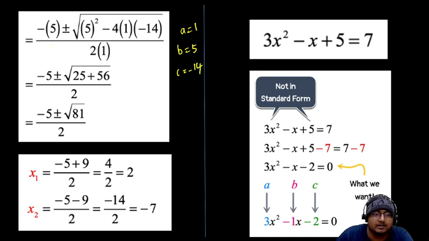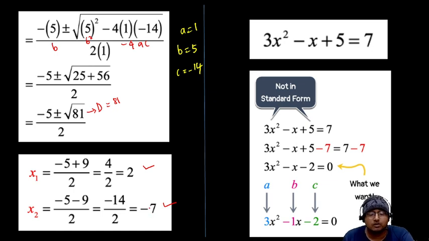Minus b plus or minus root of b square minus 4ac, because a is 1, c is minus 14. So we get minus 5 plus or minus root of 25 plus 56, which is 81. We already found this as d, the discriminant value. So d is equal to 81. Simply substituting d, we get x equal to 2 and x equal to minus 7. Hence what we have done is correct, right? x1 equal to 2 and x2 equal to minus 7.